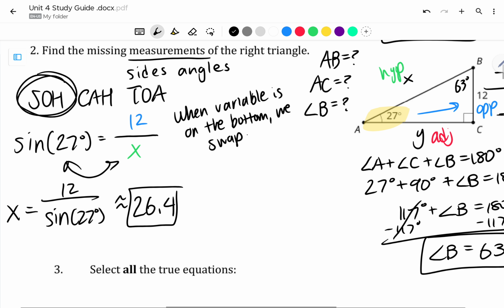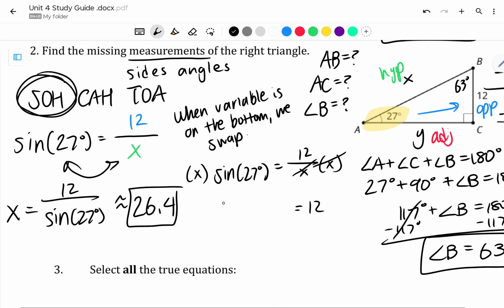What's really happening though? Why are we swapping it, right? We're just skipping a couple steps. I'm only going to show you this once because we already went over this in class. Basically, we're multiplying x on both sides because we want to get rid of the fraction. That fraction kind of ruins things for us. So now we're left with x times sine 27.